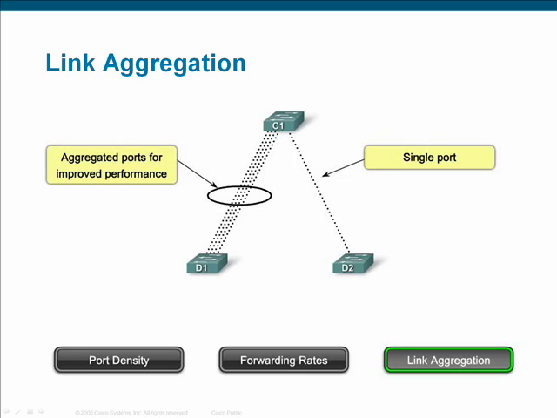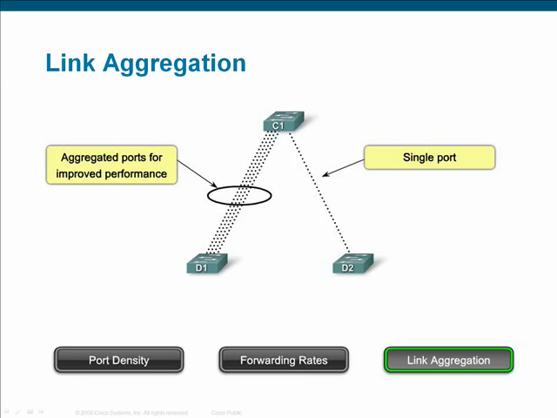Link aggregation capability enables a network engineer to combine multiple physical links into a single and higher bandwidth logical link. Cisco's implementation of link aggregation is called EtherChannel. Link aggregation helps to relieve bandwidth bottlenecks that occur on switch uplinks. In this graphic, 4 physical ports have been aggregated to form the single EtherChannel link between switches D1 and C1.